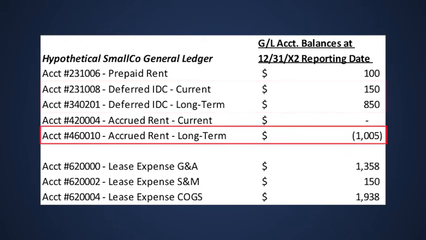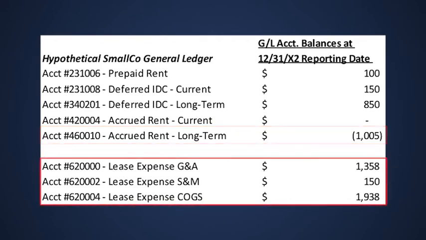Smallco accrued $1,005 in rent during the period due to its office space and plant and warehouse leases. For accounting purposes, the expense of these leases is straight-lined, but the lease payments Smallco has been making per the lease contract represent amounts less than the straight-lined expense. Therefore, Smallco has been accruing rent throughout the life of these leases.